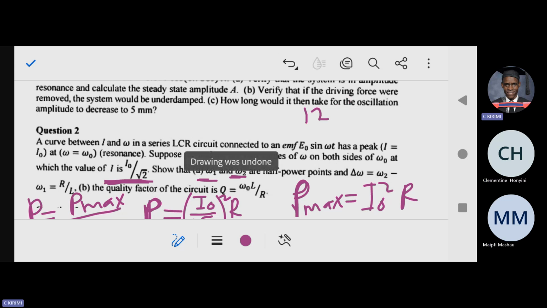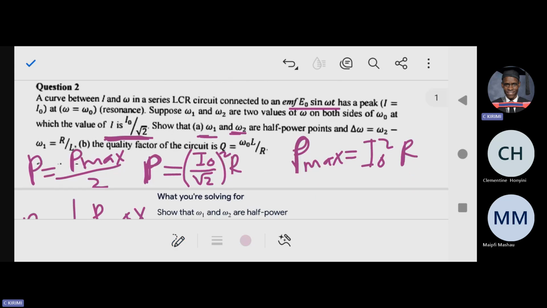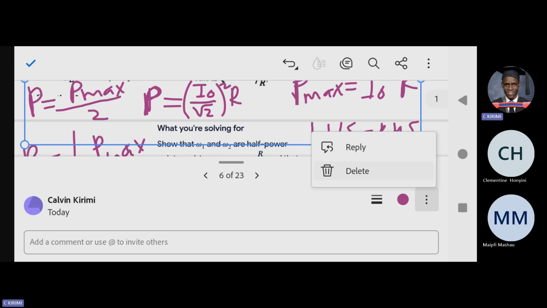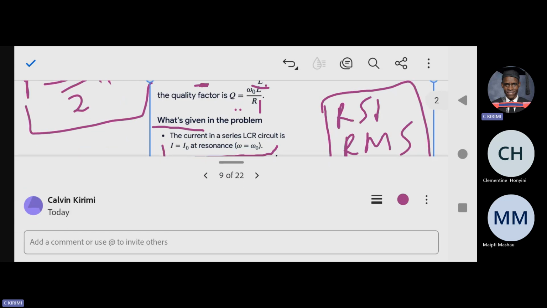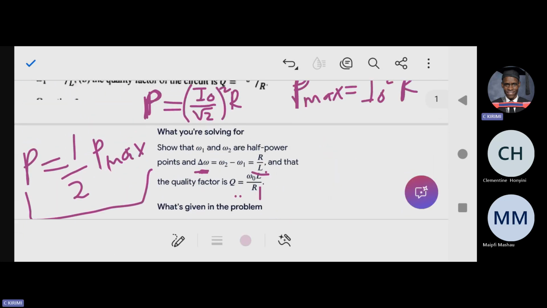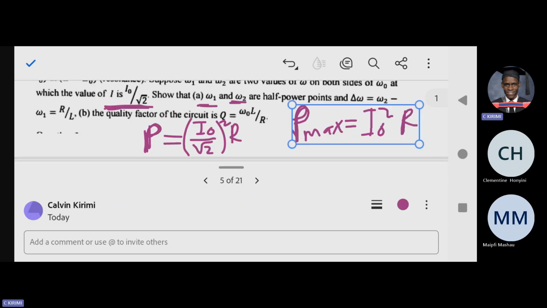But now your EMF is given as a function, E naught sine omega t, which means it varies with time. So you must take note of the changes. It's only that now they are a bit advanced because it's university work.